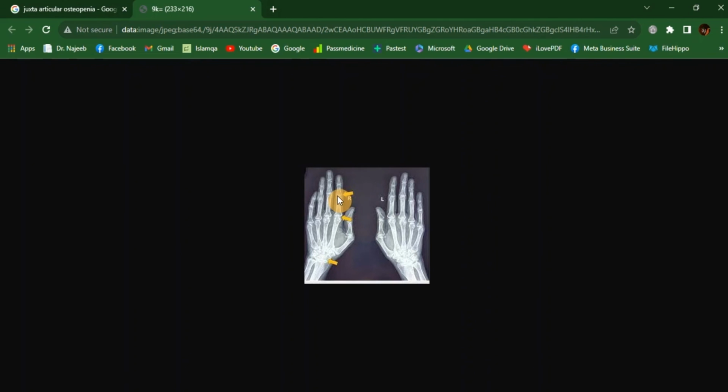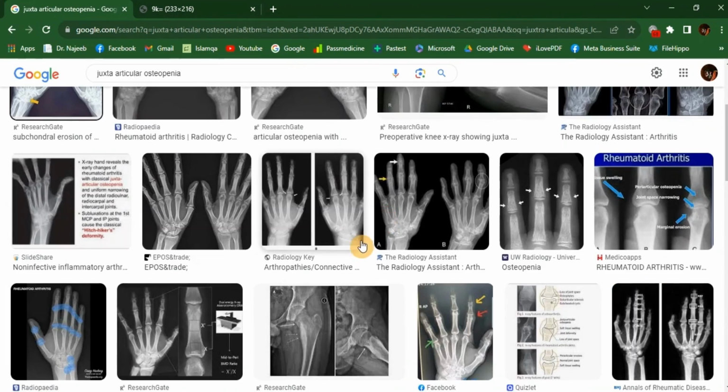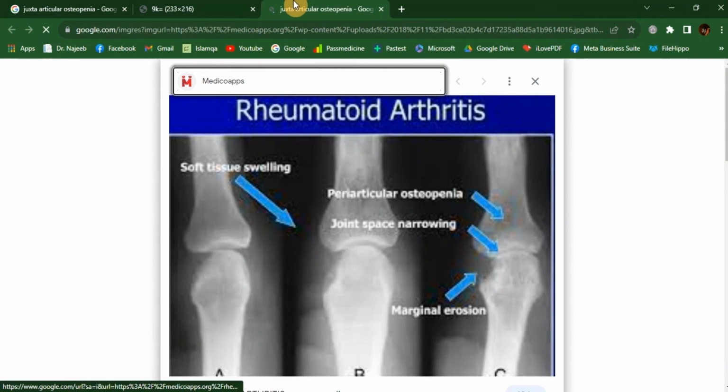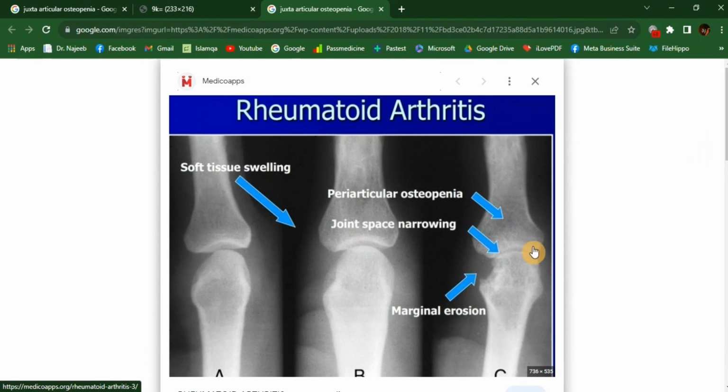And always remember, rheumatoid arthritis will spare the DIP joint. The PIP and MCP joints are more commonly involved. So this is periarticular osteopenia, juxta-articular osteopenia.